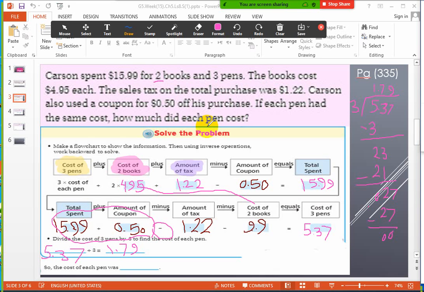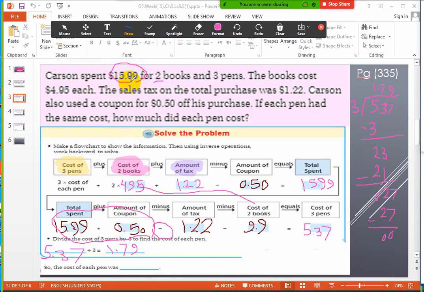Okay, so girls, first thing, I have to work backward to find the cost for each pen. So the whole money that Carson spent is 15.99.